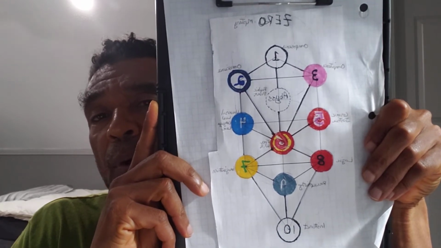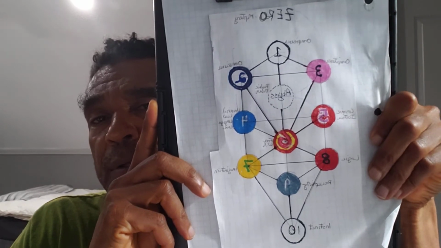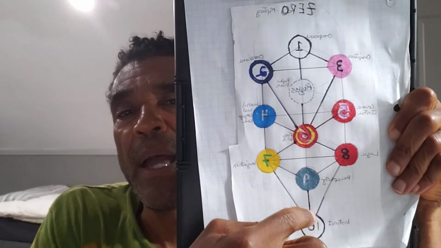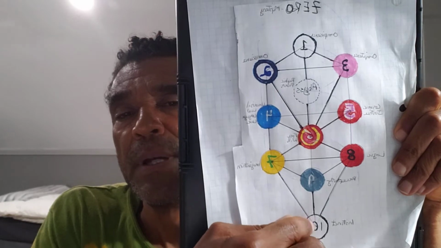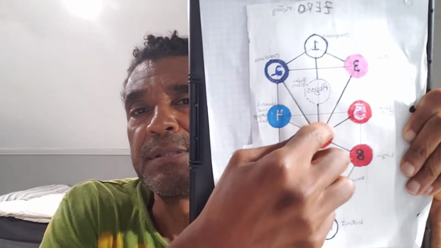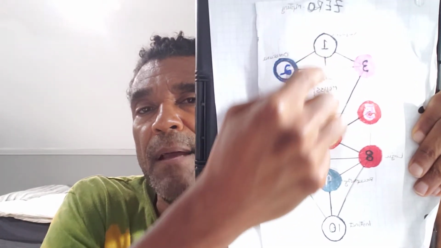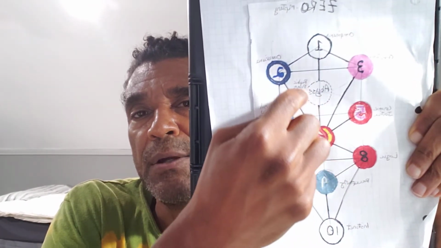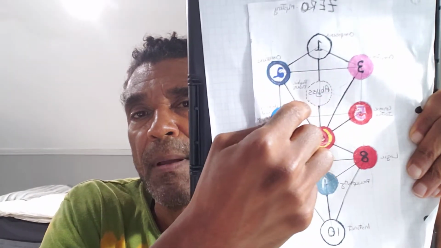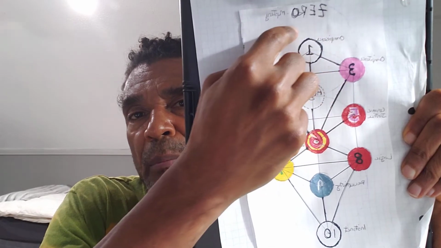So the way it works, more or less, is that it's got 12 different categories. You can see 10 of them as circles here. They're numbered 10, 9, 8, 7, 6, 5, 4, 3, 2, and 1. And then there is an abyss right here in the center, on the center pillar. And then there is a 0 above the tree.